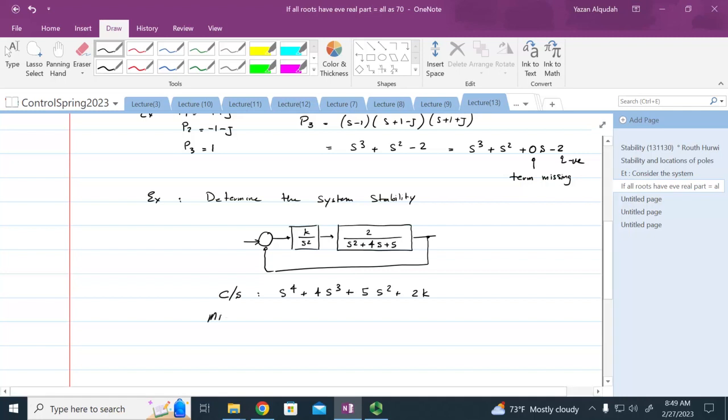So this is missing a term, s to the 1. Therefore, the system always has roots in the right half plane. And therefore, it is unstable for any value of k.